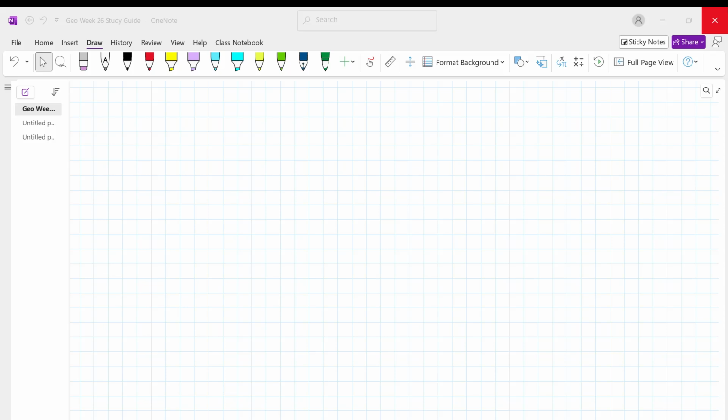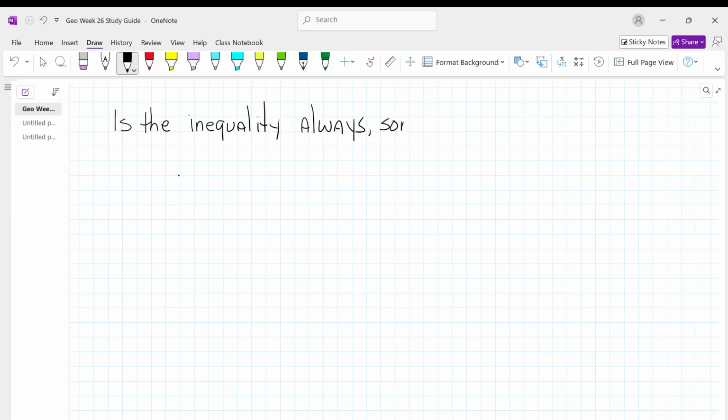But the question that you're going to be asked before you complete the problems is: is the inequality always, sometimes, or never true? And I'm going to do an example of each. All right.